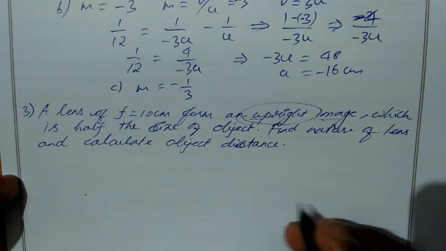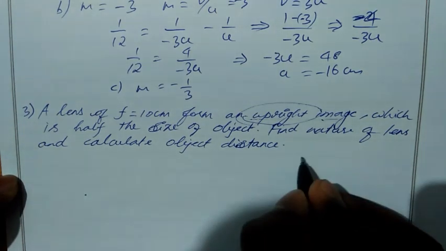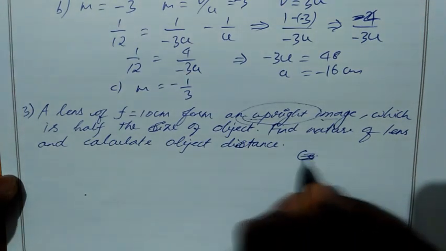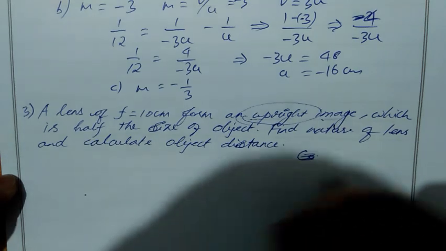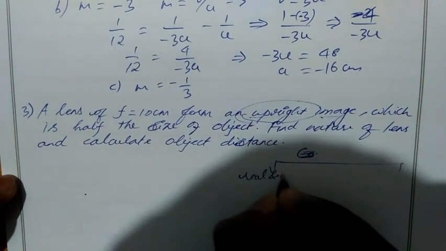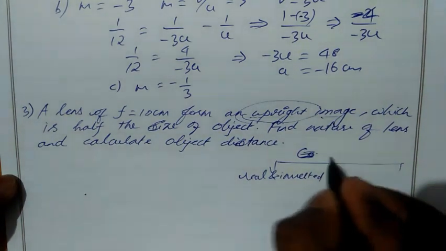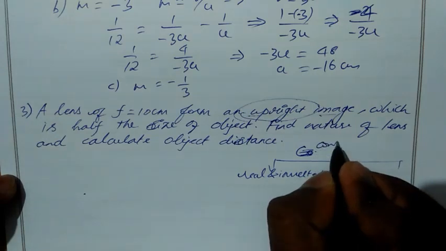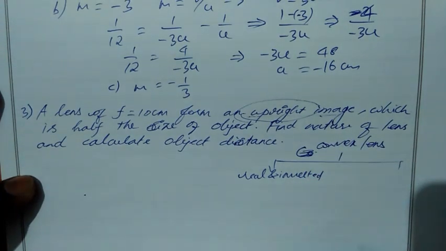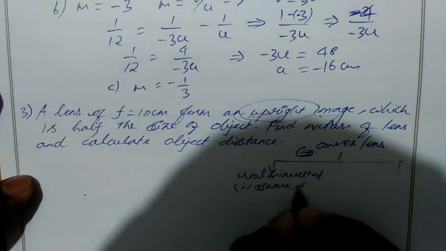Okay, so for convex lens, we have two conditions. First one is real and inverted, for convex lens. And the size varies. First one is for same size.